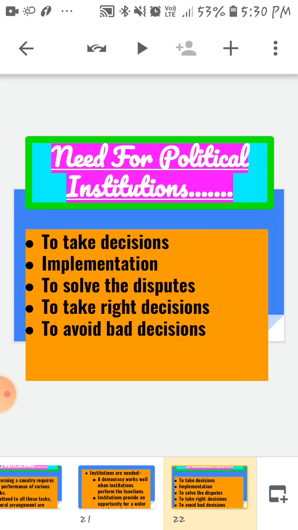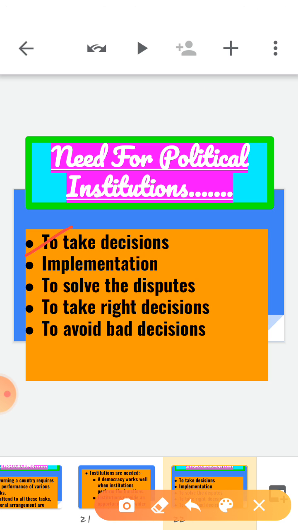So why is there a need for political institutions? First, to take decisions. Countries need political institutions to take decisions regarding the welfare of the people. Institutions formulate various policies and programs. For that, the Prime Minister and Cabinet are institutions that take all important policy decisions in our country.